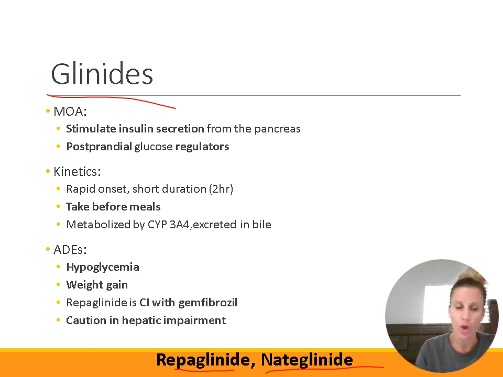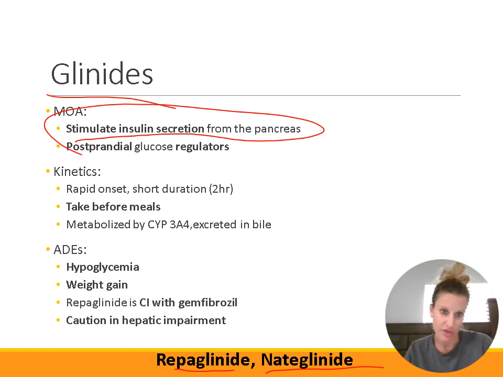The glinides also work by stimulating insulin secretion from the pancreas. They're known as postprandial glucose regulators because these stimulate insulin secretion, same as the sulfonylureas do.